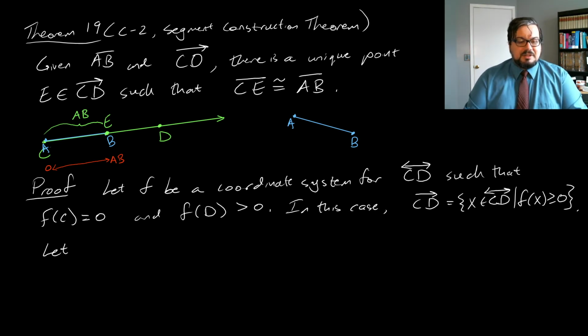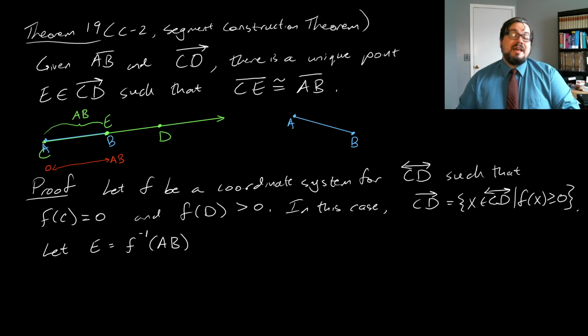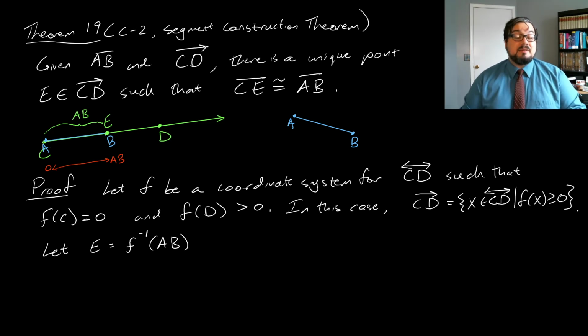We can do this efficiently in the following way. Let's let E be f inverse of AB. We know that f has an inverse because it's a bijection by the definition of a coordinate system. AB is a real number, and therefore there is some point on the line CD that has a coordinate of AB. And so we're going to call that point E.